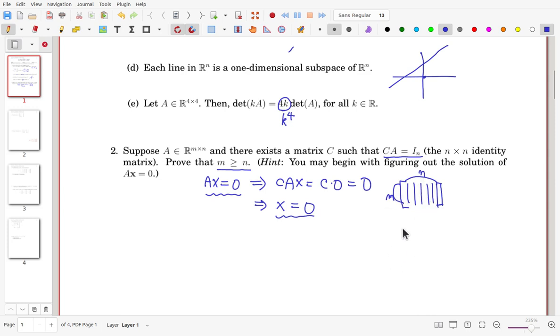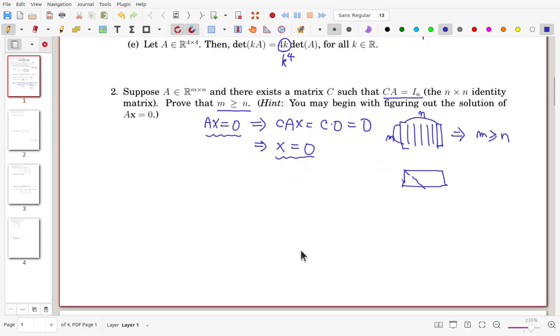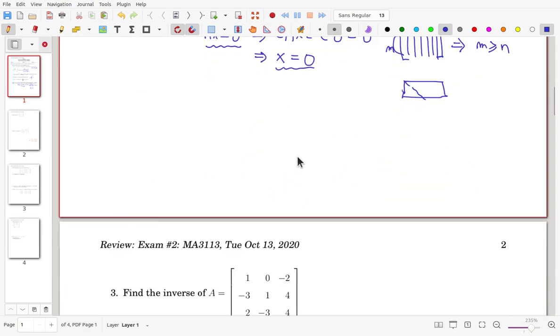If the matrix is flat like that, then the number of pivots cannot be larger than m, and so at least one column has no pivot, so it is impossible. So from here, we can conclude m is larger than or equal to n. Right? Okay, so we proved that.